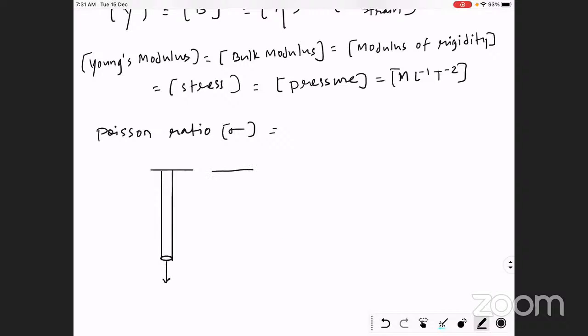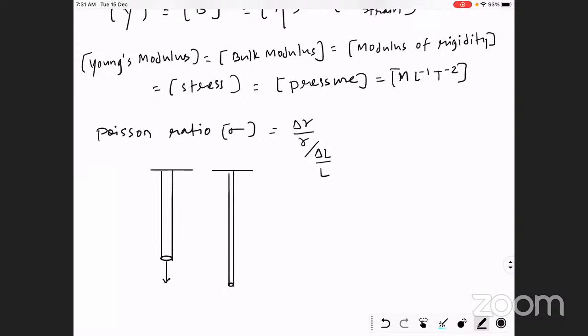But its radius decreases. So delta R by R upon delta L by L, I think this is Poisson's ratio. So this should be dimensionless. I forgot its formula actually.